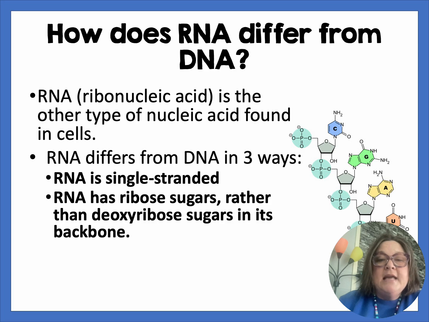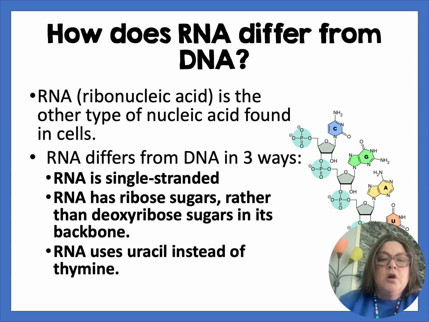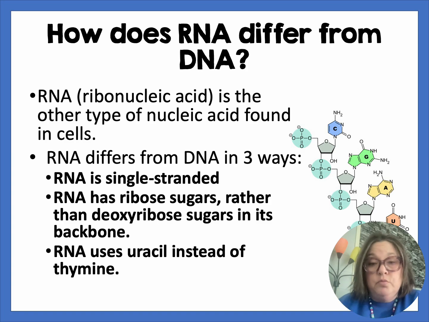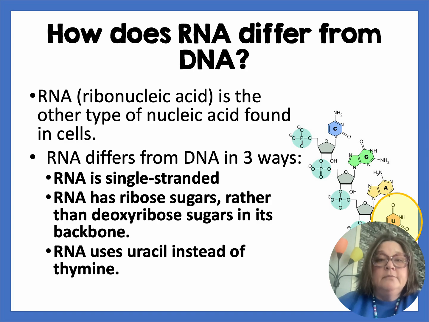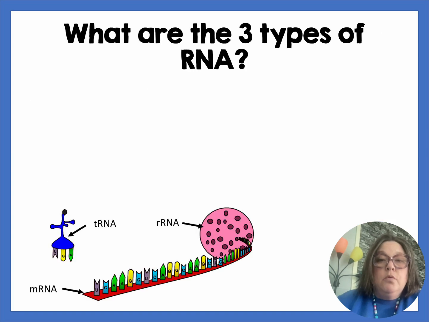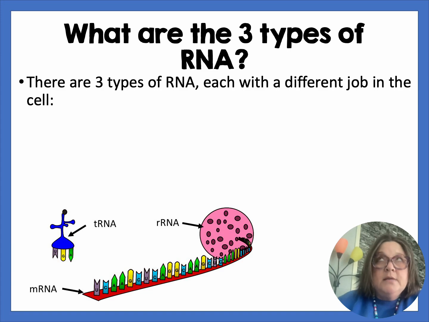So RNA has ribose, DNA has deoxyribose. RNA uses uracil instead of thymine. If you remember adenine and thymine, your A and your T went together. Now your A and your U will go together. Uracil is in RNA.